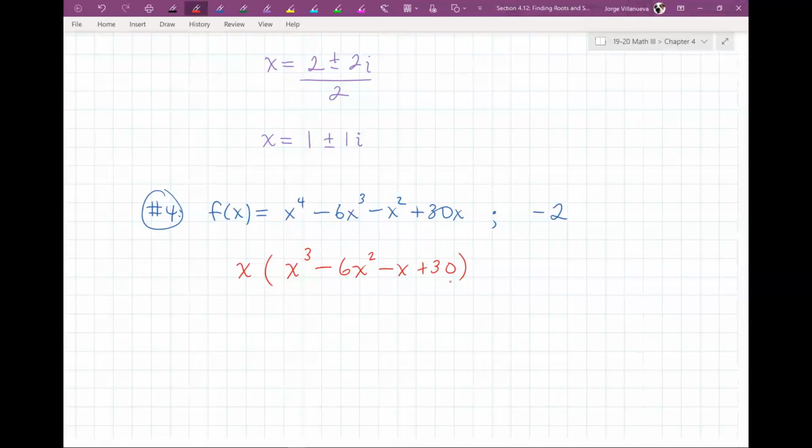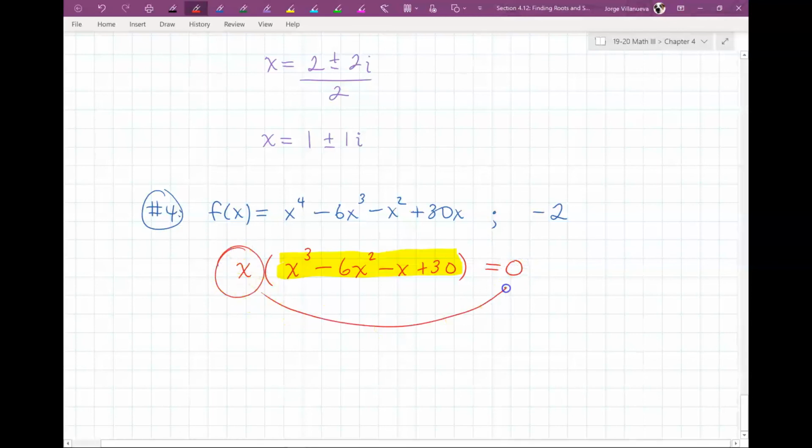Once I do that, I can focus only on this piece right here. I don't have to worry about this last piece because they want us to solve, so they want us to set it equal to 0. Based on what I have in front of me right now, I already know that x has to equal 0 because there are 2 factors.